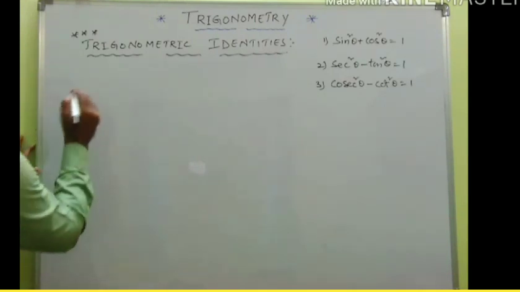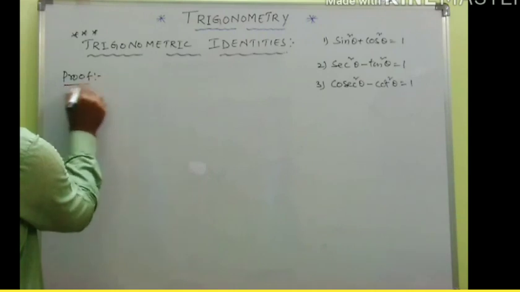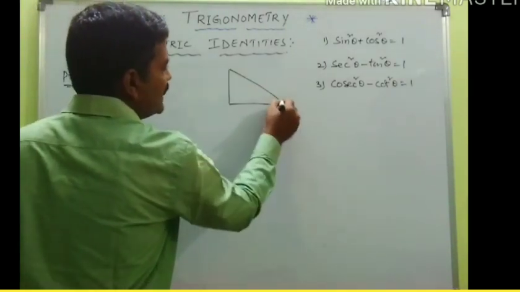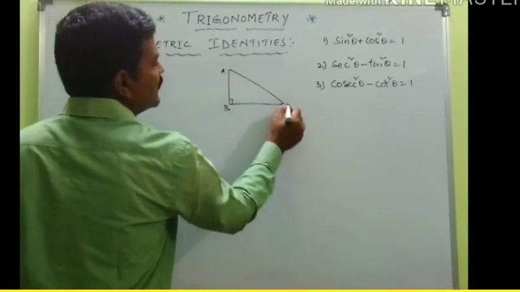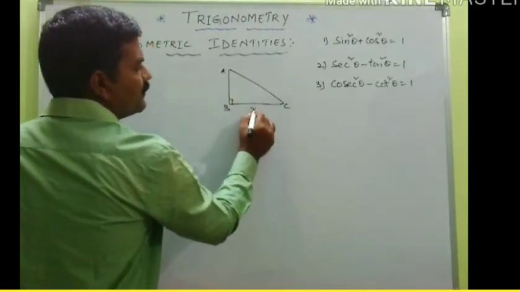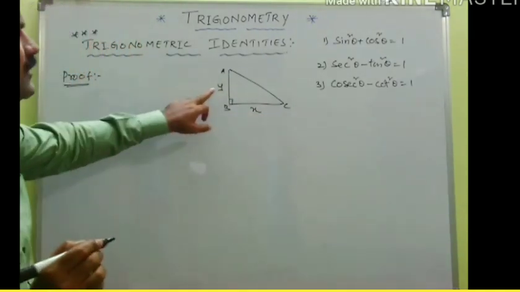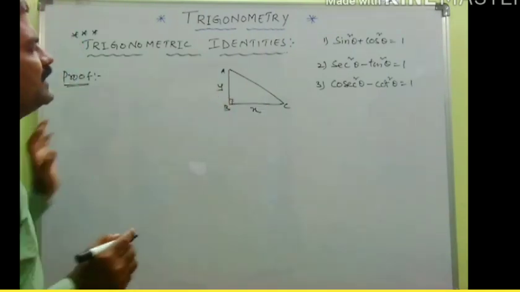So look at the proof for the first one. Proof of these identities. As we considered earlier, let us consider a right angle triangle ABC. No problem. Let this side be X and this side be Y. Even you can consider, if you want, AB as X and BC as Y. That doesn't matter.